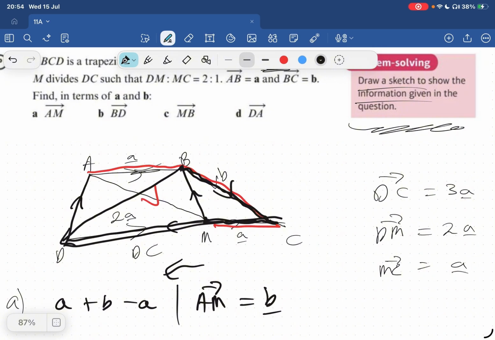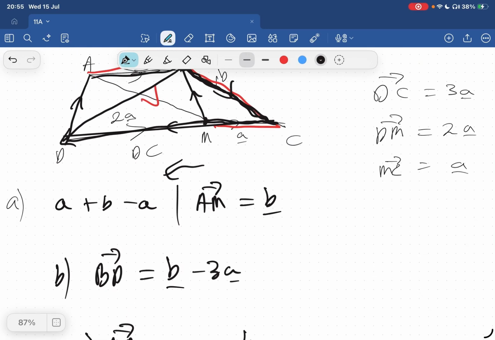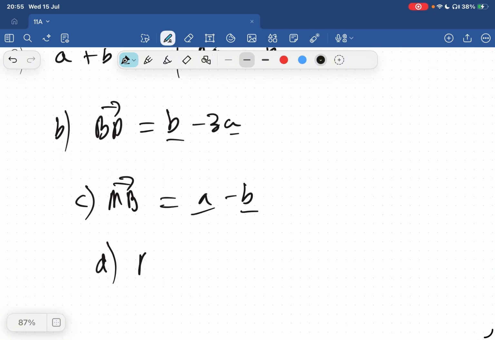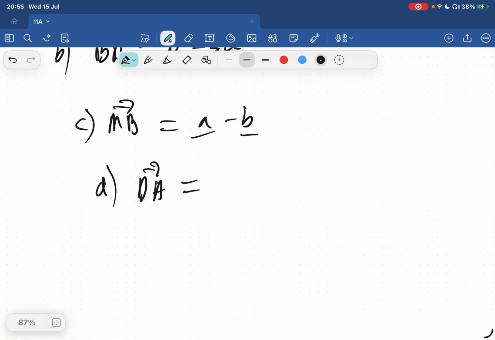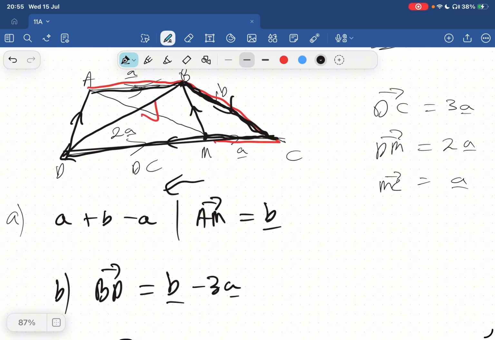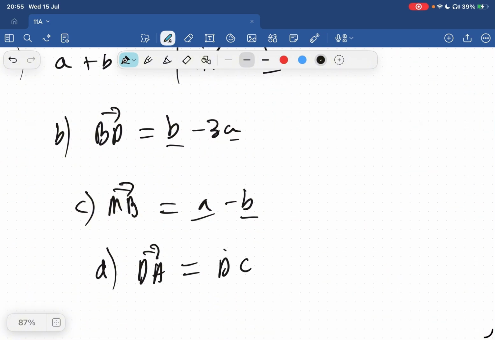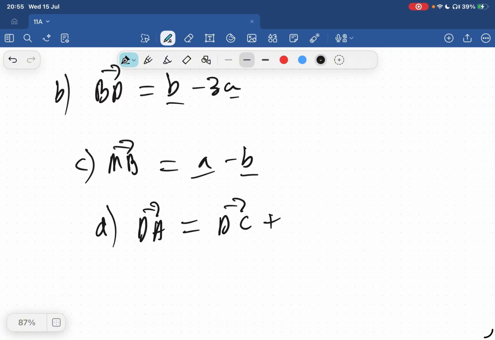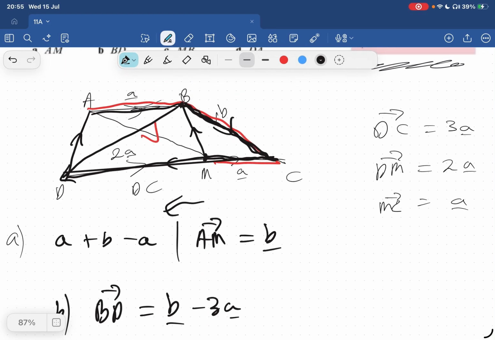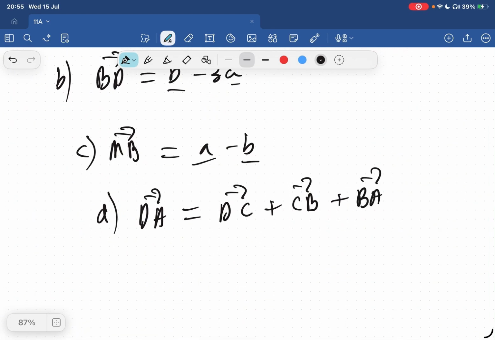We're going to go across this, 2A plus A again, so 3A, back up at B, and then take away A. They wanted D to A, and I know throughout this I haven't been using the notation, but this is where you can break it down to say D to A is the same as D to C plus C to B plus B to A. Here you can check: you've gone D to C, C to B, B to A. So the overall effect is you've gone D to A.